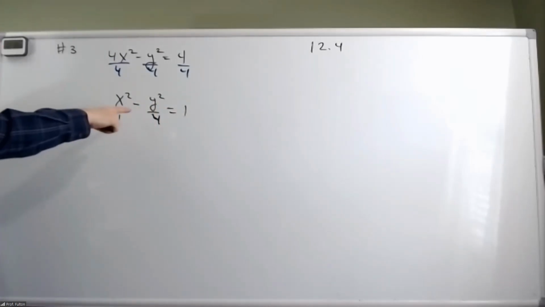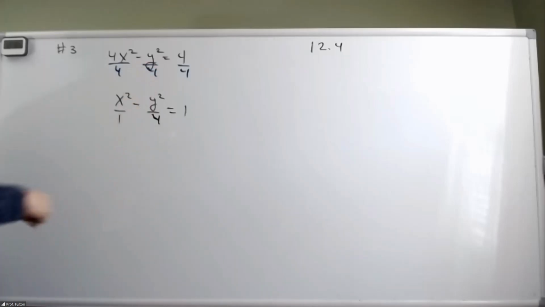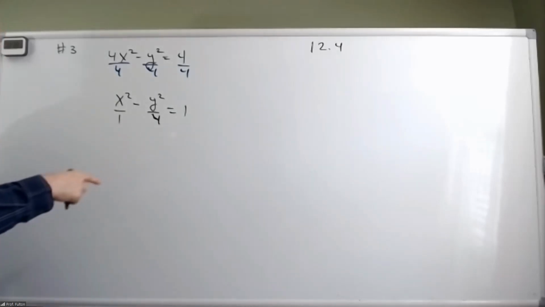So if I'm looking at this, it's the x squared, so I know my transverse axis is along the x, so it's going to open this way. And again, for this sort of problem, our A is just whatever is with the x term. So it's not necessarily the largest one.